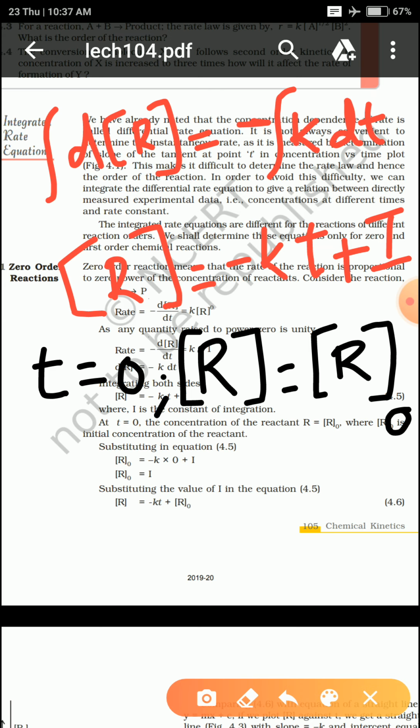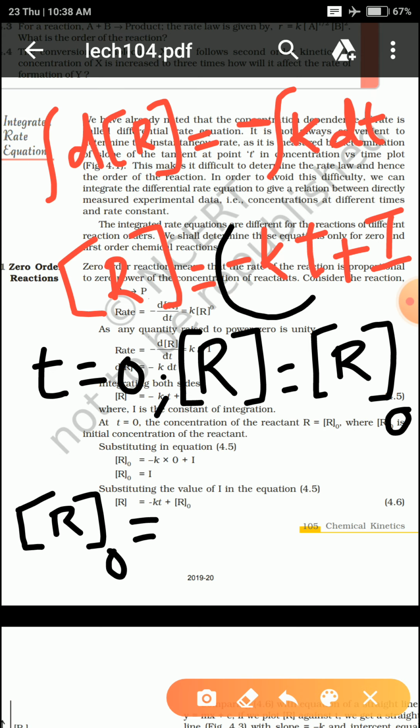So we put this value in the equation. We will get R0 equals, with t equal to 0, 0 plus I. So what will be the value?